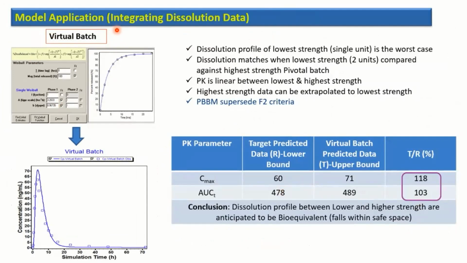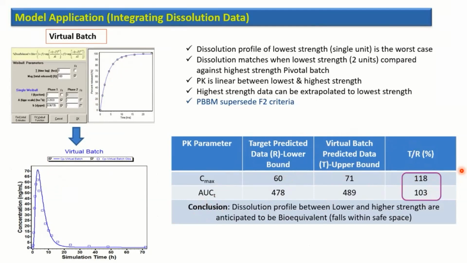In the next stage, the dissolution data of the virtual batch, which is faster than the biobatch and slower than the non-biobatch, were again fitted to Weibull functions, and we used those functions to predict the plasma profile. Here is a comparison of the predicted data of the virtual batch and the biobatch. The test-to-biobatch ratio is within 20%.